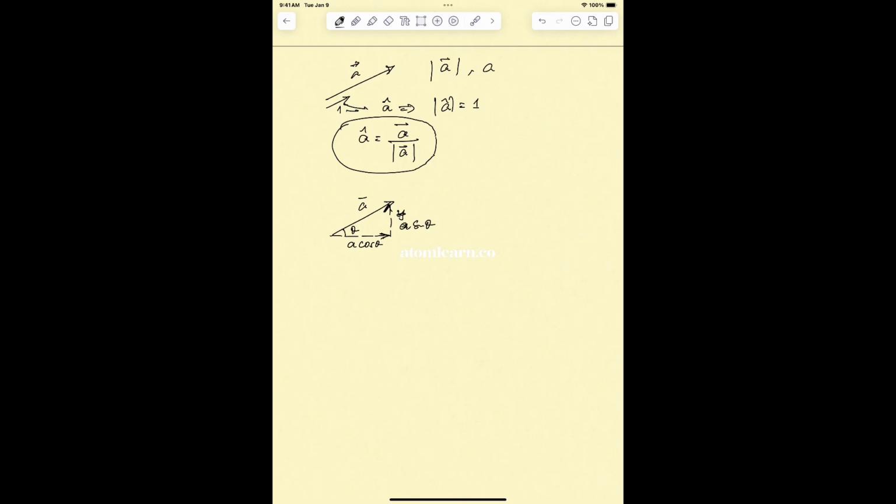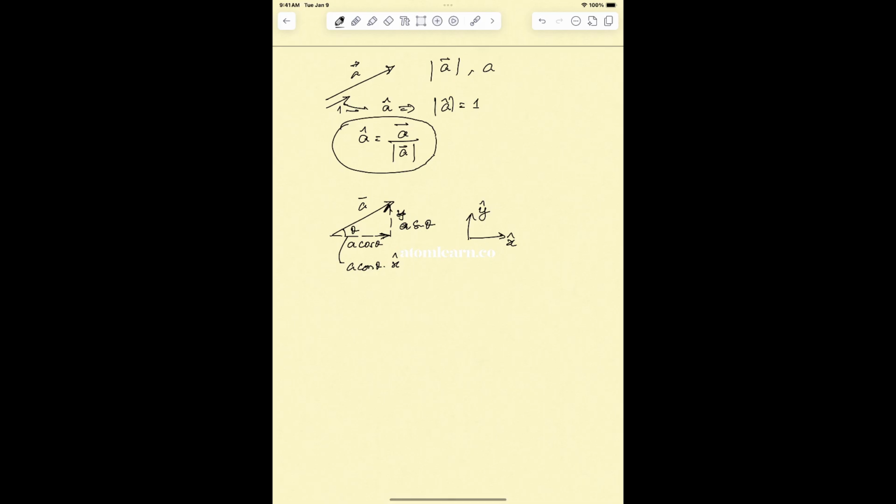What about the direction? This should be termed as along the x direction, and this as along the y direction. We have a convenient system of saying: let's call it x cap, let's call it y cap. What does it mean? X cap means it has a magnitude of 1, and its direction is along the x direction. Therefore, you could call this vector a cos theta, the magnitude, times the x unit vector.